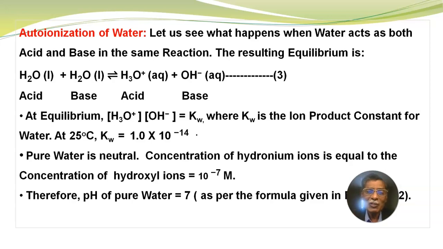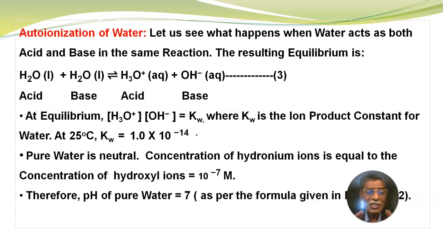(base). At equilibrium, the product of [H3O+] and [OH-] is equal to Kw, where Kw is the ion product constant for water. At 25 degrees Celsius, Kw is equal to 1.0 times 10 to the power of minus 14.